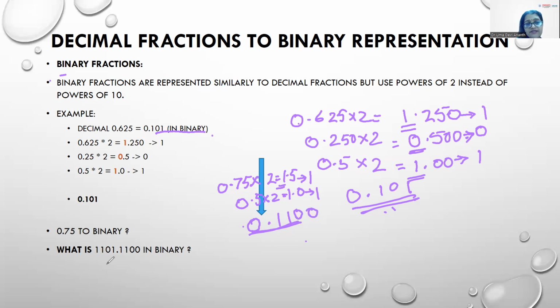So next is, what is this number in binary? Can you convert this into binary? You have to take the integer part separately and the decimal part separately and convert it into binary.